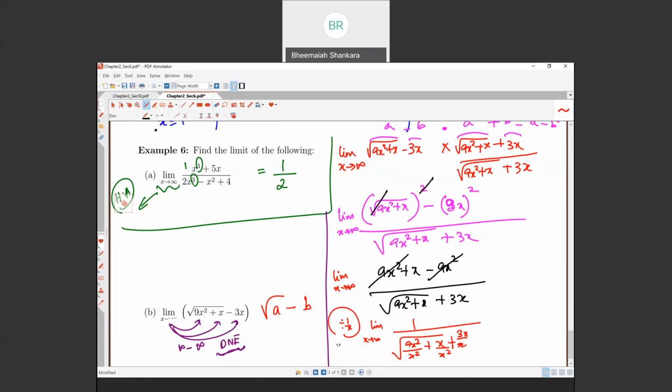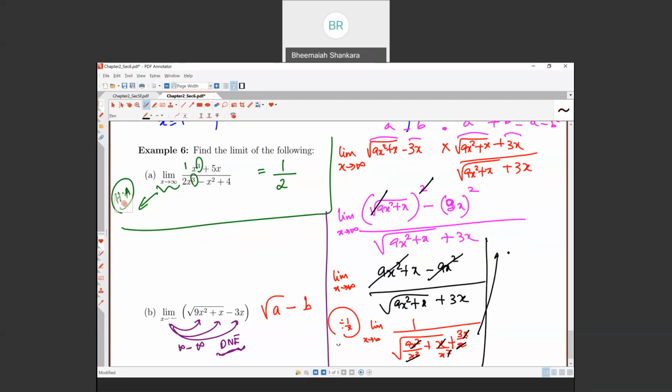So let me write the next step here on the top. Simplify this x squared after dividing, and you have x and x getting cancelled. So when you do all this, you see that you have just one term with 1 over x, and 1 over x when x approaches infinity is 0.